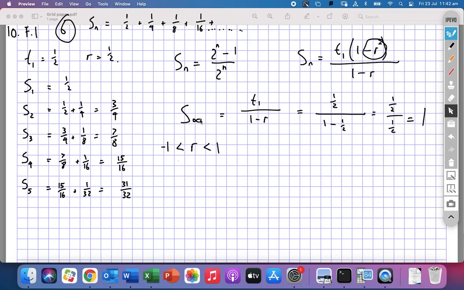I don't want to be using this formula and saying the answer is 1. By the time we get to S5 or S6, S7, maybe I can start saying, well, this sum's getting closer and closer to 1, we're converging on 1. And certainly, if we're going all the way out and thinking about this as an infinite series, if it's truly infinite, then it will add up to 1, right? Or it will converge on a specific value.